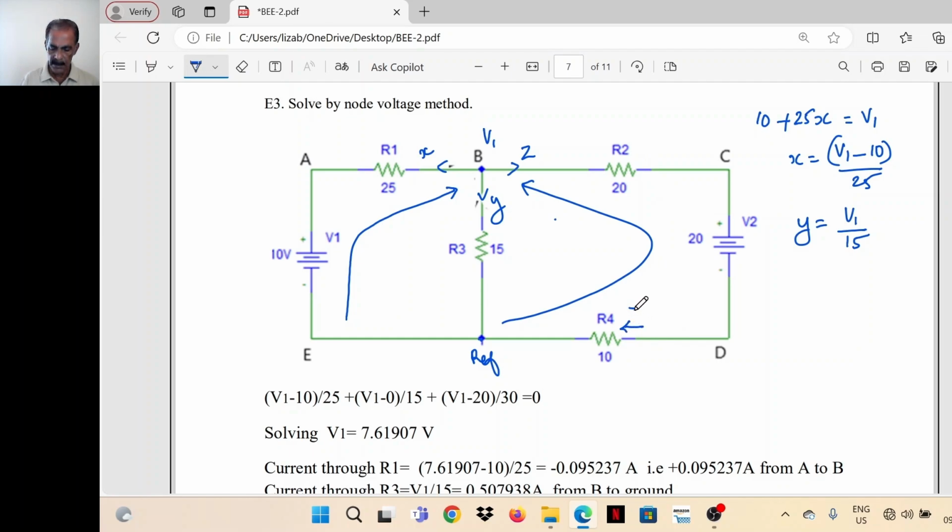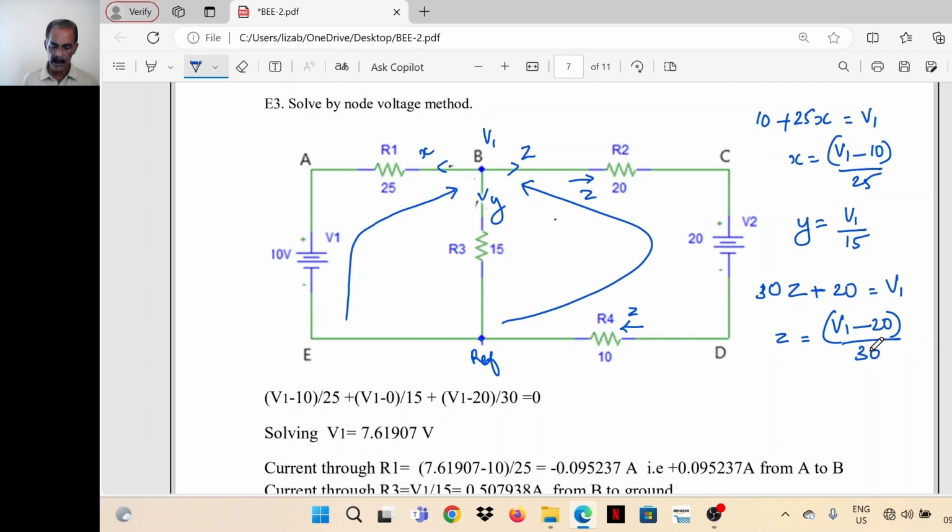In this path, the 20 volt is a rise in potential. So I will write the equation as 10 Z plus another 20 Z, that is 30 Z, plus 20 is equal to V1. Or Z is equal to V1 minus 20 divided by 30.